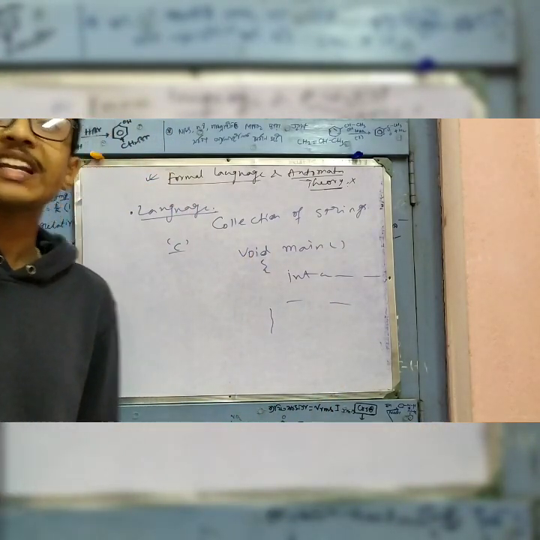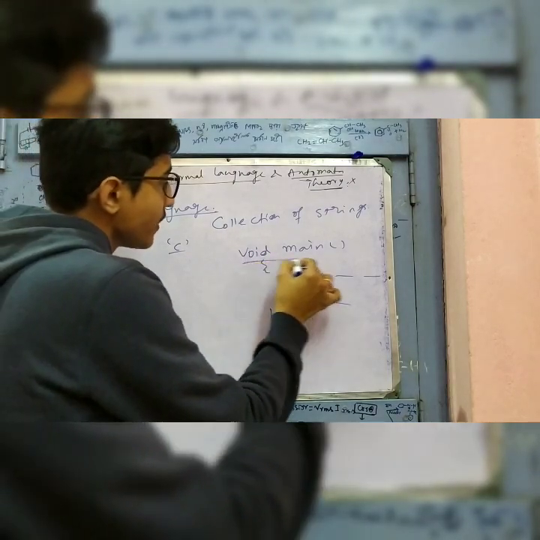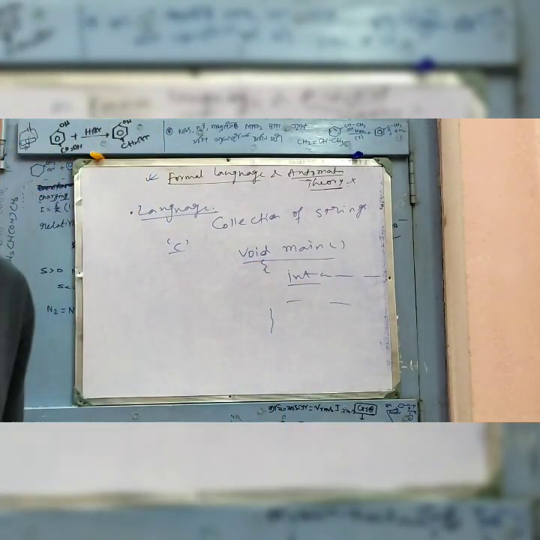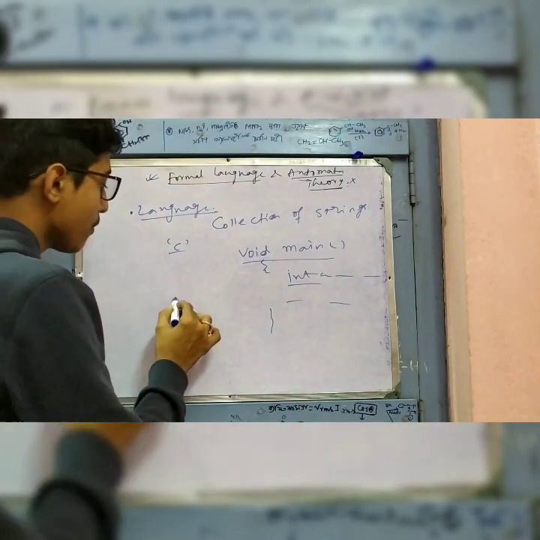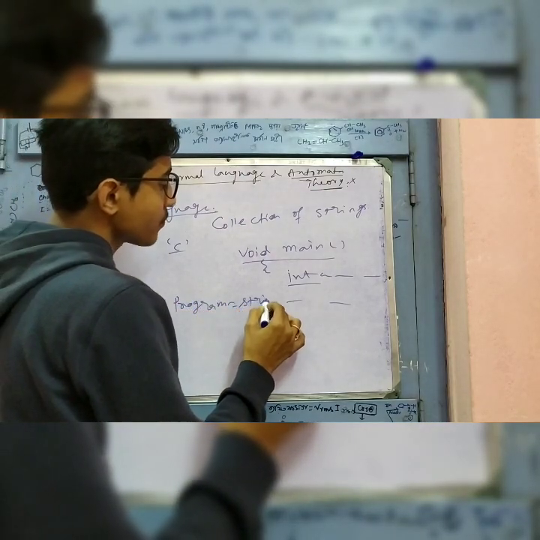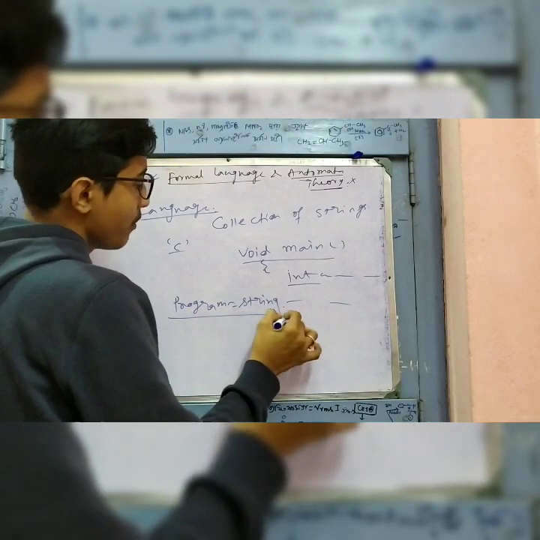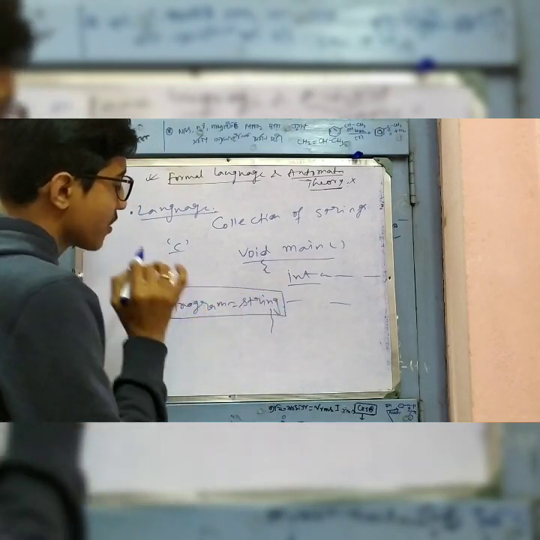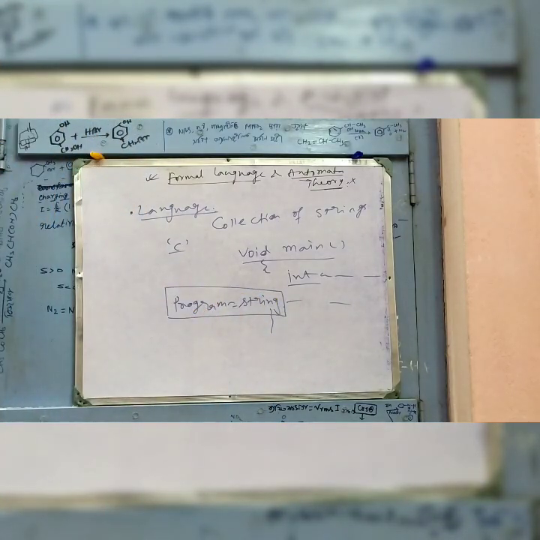It should be known very clearly that these things are strings. So what is a program? A program is nothing but a string. This is the basic idea of alphabets, symbols, strings, and language.